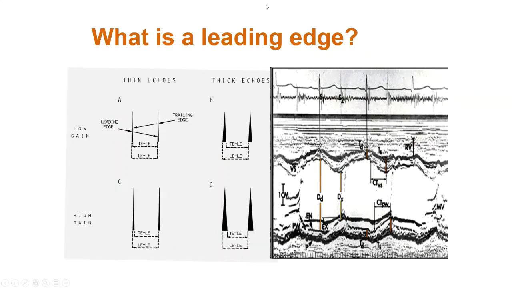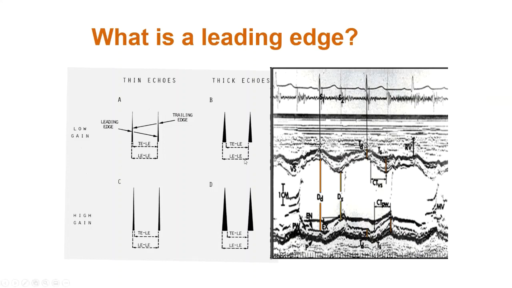Now, you'll hear the term leading edge thrown around. This will not likely be tested on the board examination, but you have to go back to early papers on echocardiography to really get an understanding of what the leading edge really referred to.